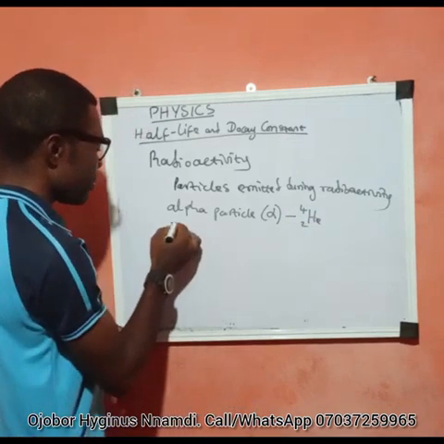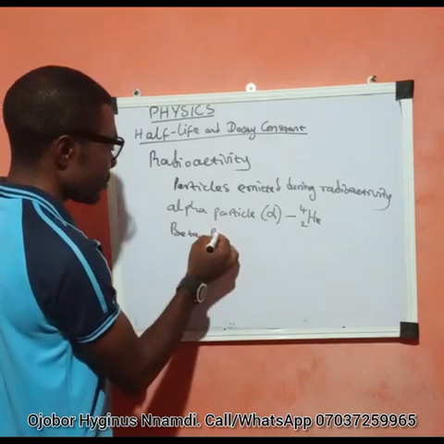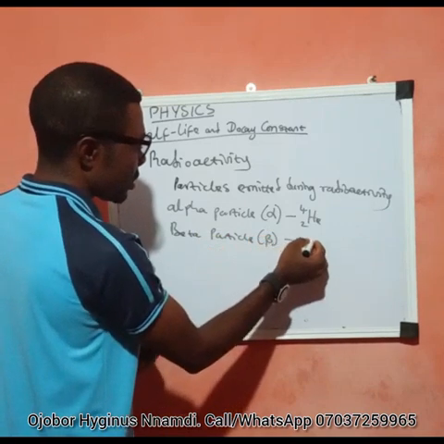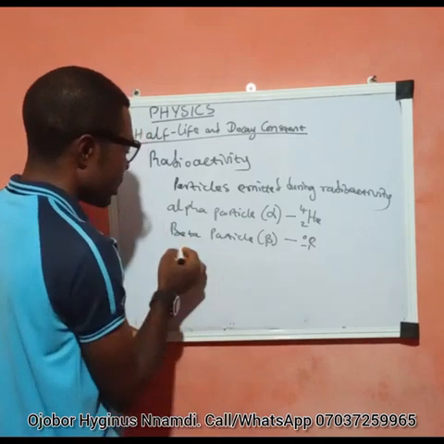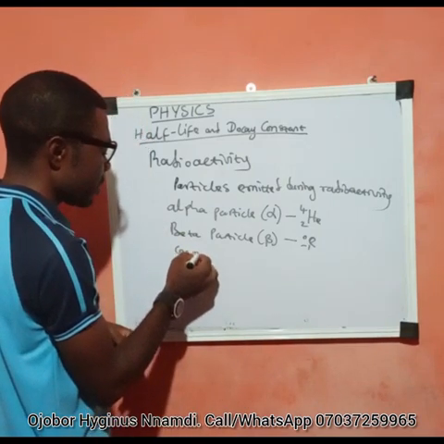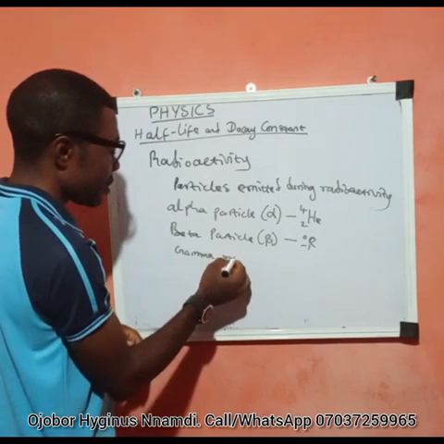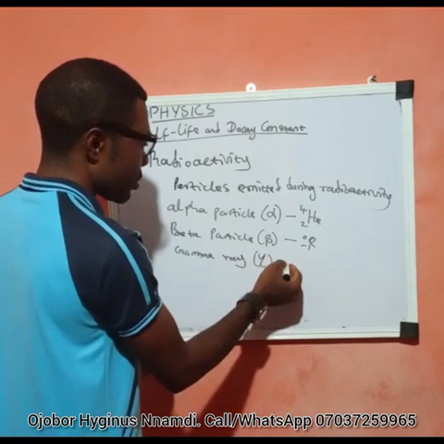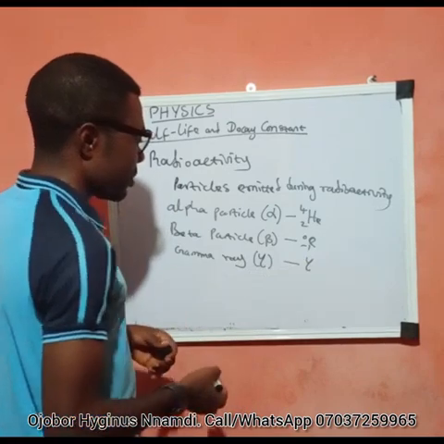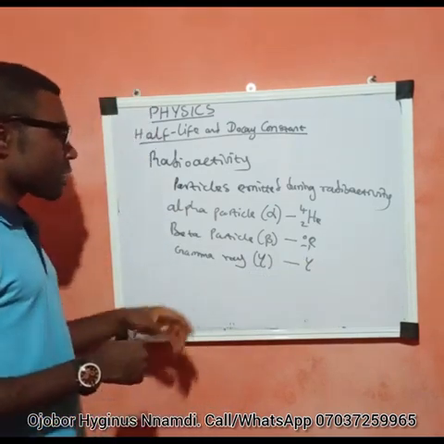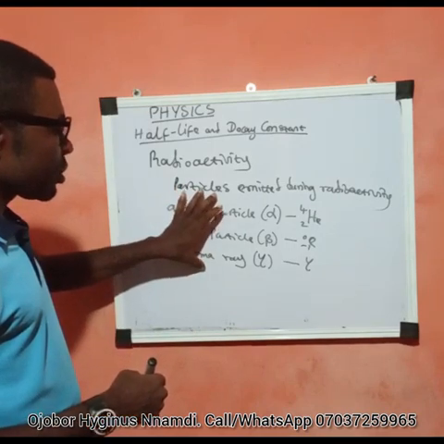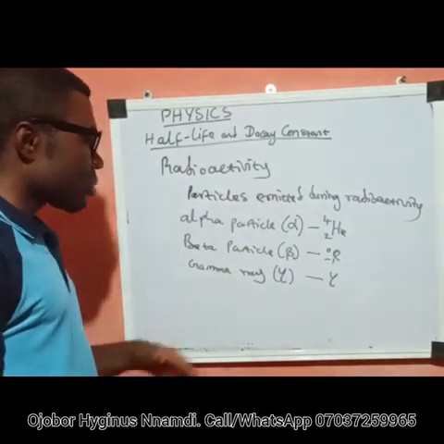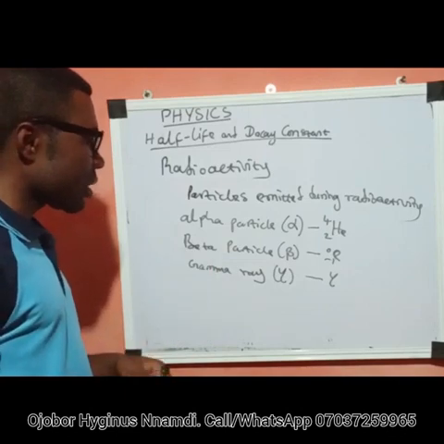Okay, we have the beta particle, which is an electron, and then we have the gamma ray. This is not necessarily a particle, it is an electromagnetic radiation. Gamma ray has no element representation. Okay, these are the basic particles emitted during radioactivity, either any of these or a combination of them.